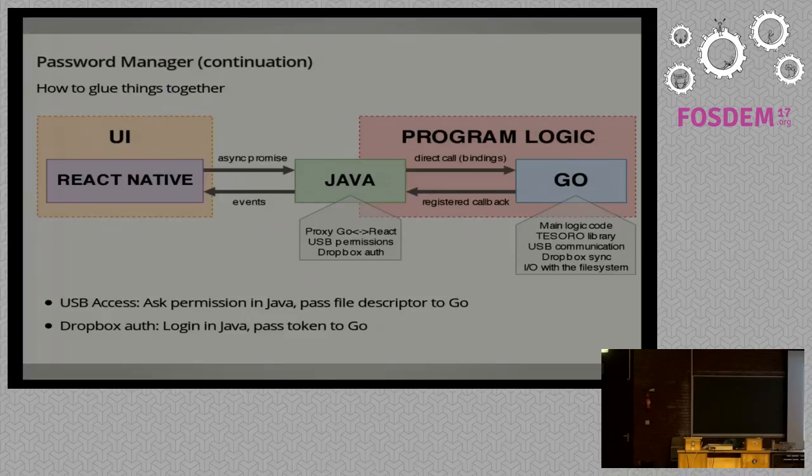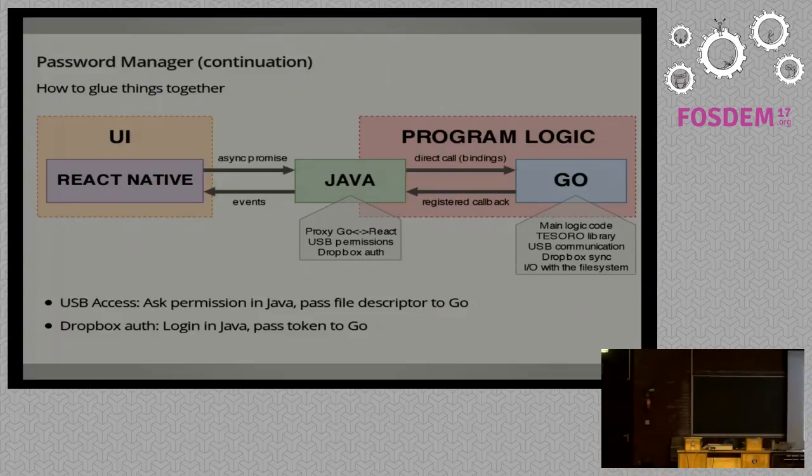But there are a few things. Since it's a small device that you connect to your phone, we need to access the USB. And for that, you need first to ask permission in Java and open the connection to the USB, and then pass the file descriptor to Go, and then in Go you are ready to use it.